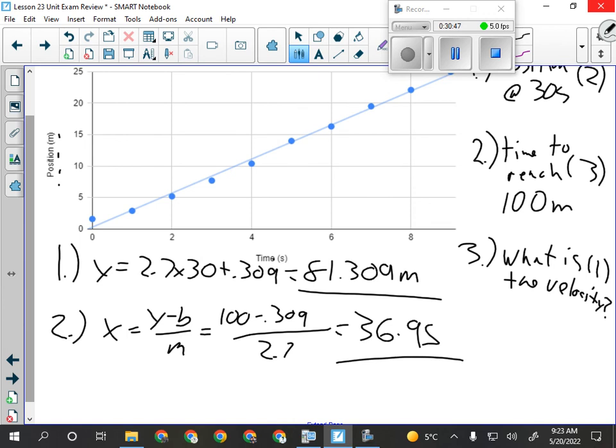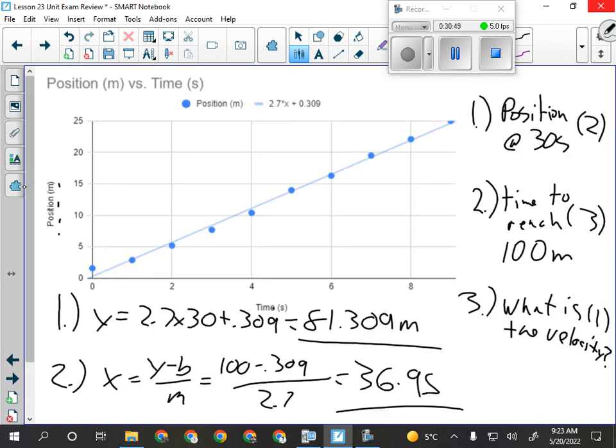Why is number 3 out of only 1 mark? Is the velocity the slope, or 2.7? Right. It's basically asking, can you identify or do you remember that the slope of a position versus time graph is velocity? That's it.